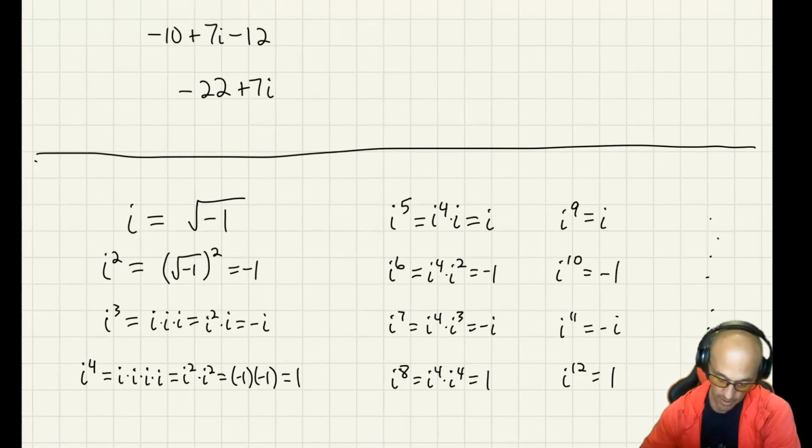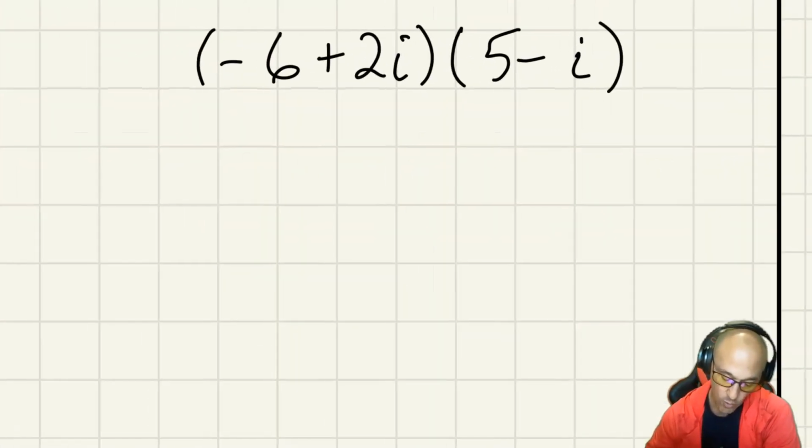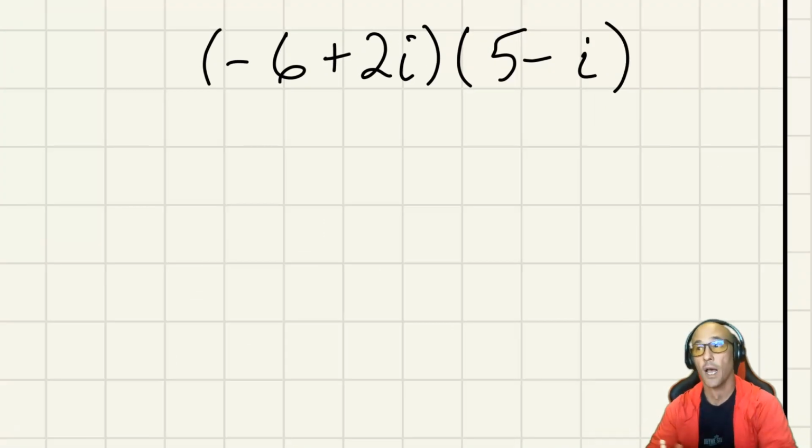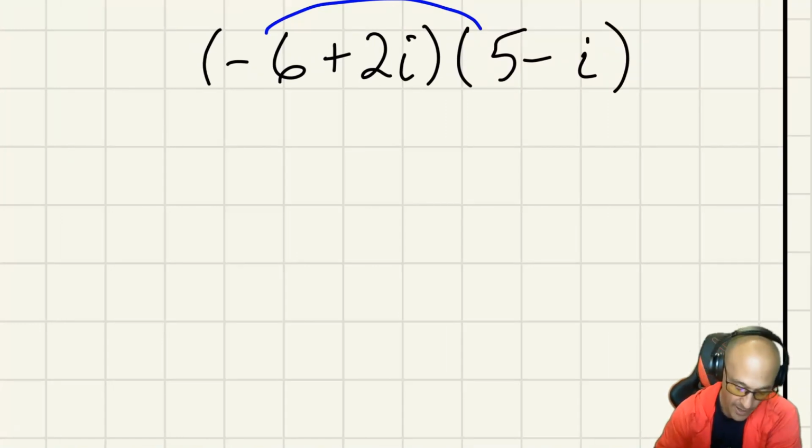Great, good. All right, so that's just an important thing about i, and you'll find that show up in some problems. In fact, it shows up when we are multiplying two complex numbers like this. So let's go back through another one of these. So first, negative 6 times 5 is negative 30.